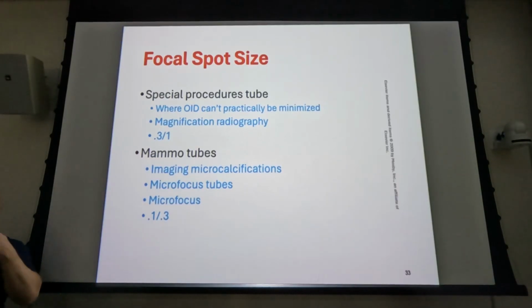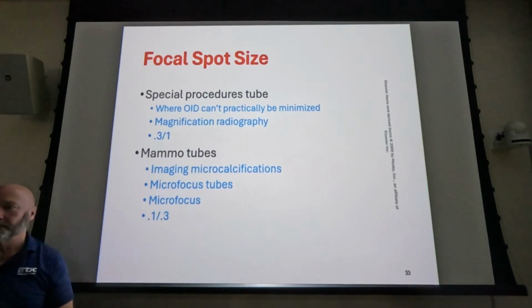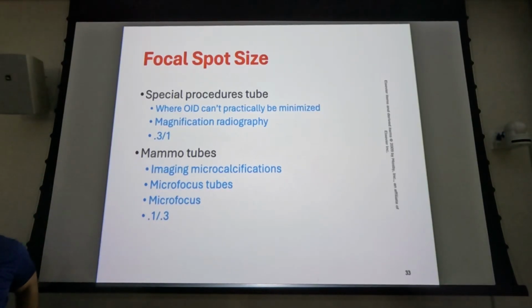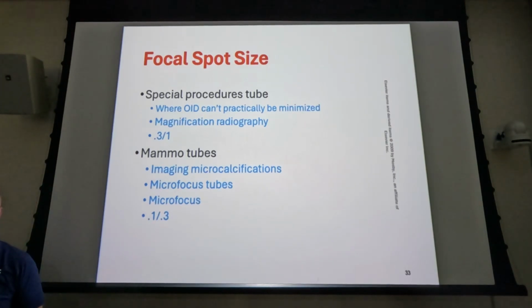Okay? Now, why do we say that this is a secondary exposure factor? Well, you can select large and small focal spots, so you can control it. But kind of like reciprocity, in a way, what's 100 mAs off a small focal spot versus a large focal spot? 100 mAs, right?